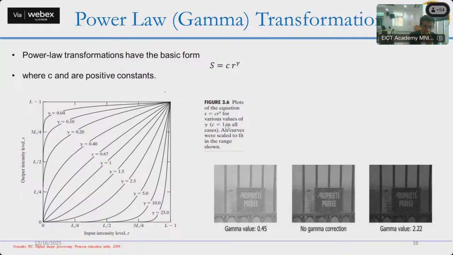When you draw this output for the different values of gamma, you will get the type of curve which is given here. Gradually it will increase as we move from left to right.